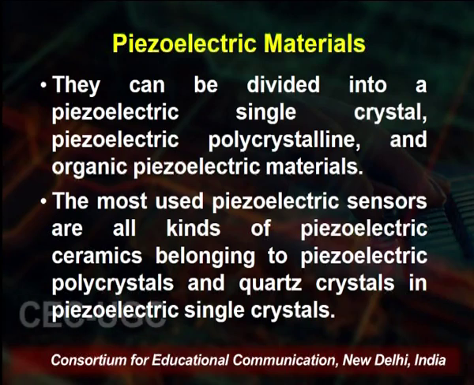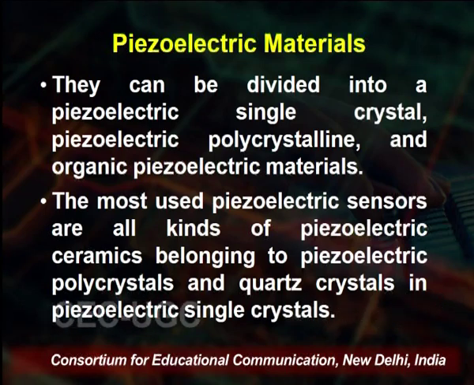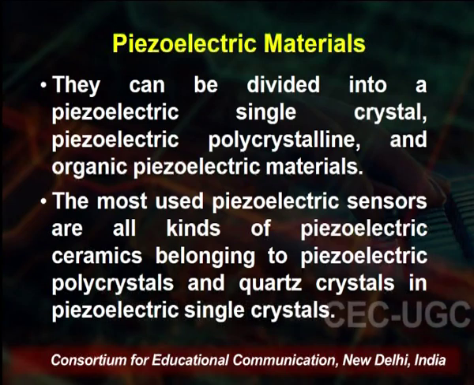The most used piezoelectric sensors are all kinds of piezoelectric ceramics belonging to the piezoelectric polycrystal, and the quartz crystal in the piezoelectric single crystal. Whenever we use the polycrystal, we use the ceramic, and when we are using the single crystal, then we use the quartz crystal.